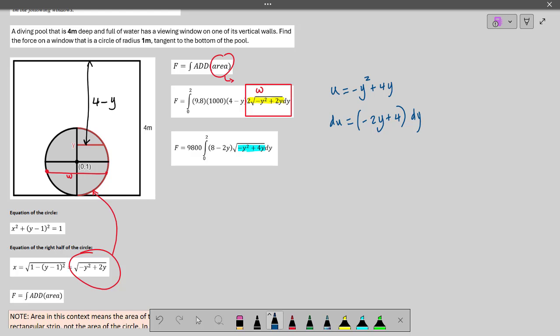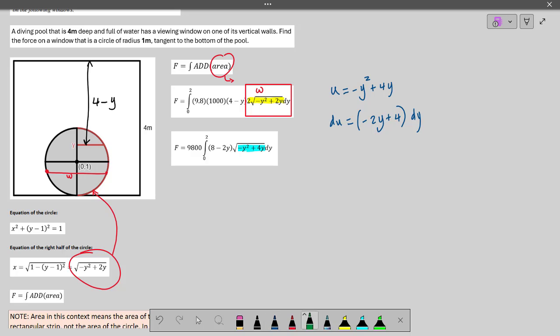How did the 2y change to 4y? I just typed this up the other day, so that might be my issue. Where did my 2 go? Oh, I took the 2 and put it in there. That should be a 2y. I need to go retype. I just typed it the other day, and I didn't look very carefully.